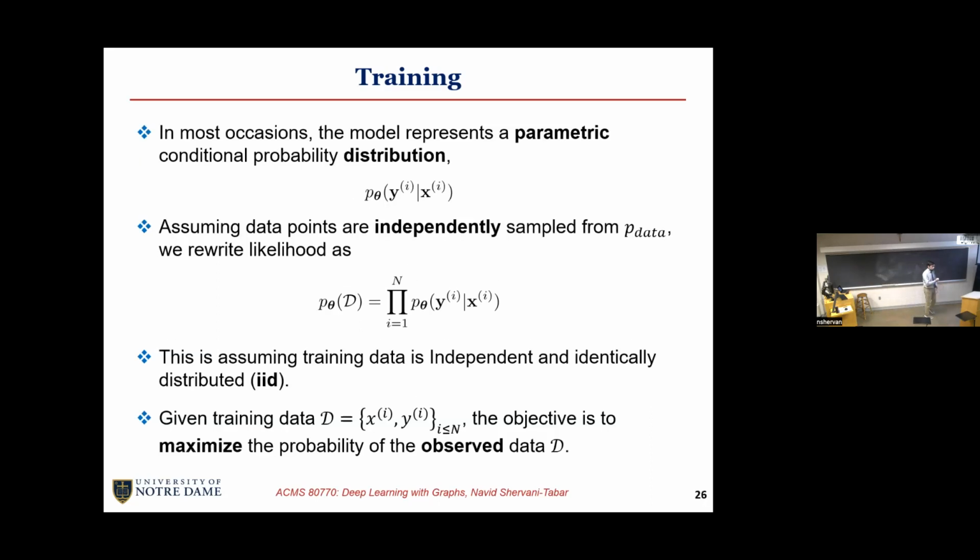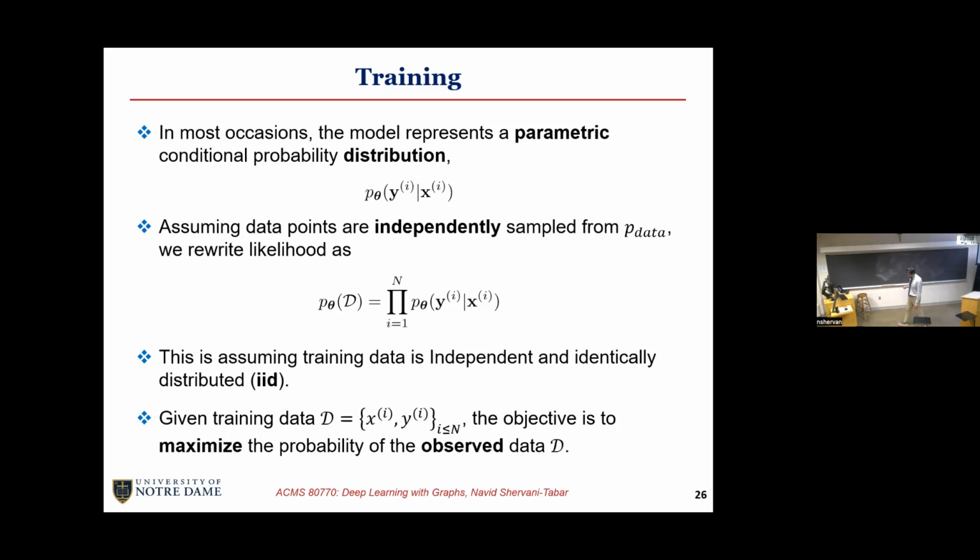All right, so we said that in the case of supervised problems, we want to maximize the conditional probability of our data Y given some input X. So in this training process, we assume that our data is independently sampled from the distribution P data, and these data points are independent from each other.